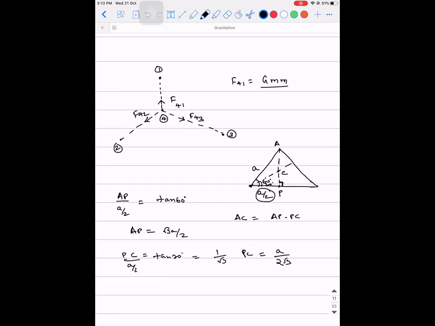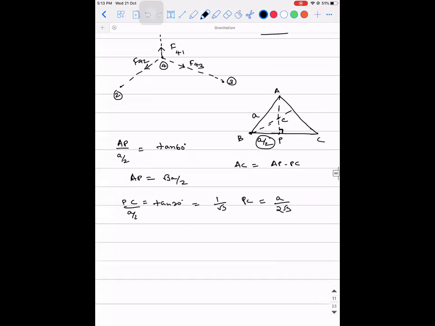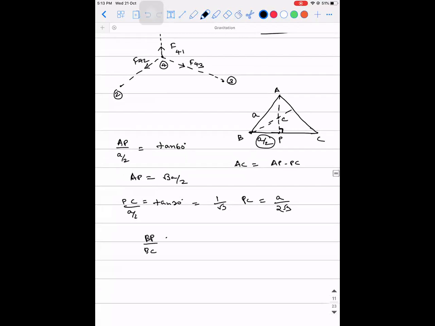Okay, the easier way to solve this is, observe, if this is C, then BP divided by BC is cos 30. Which implies BP is A by 2, divided by BC, and cos 30 is root 3 by 2.